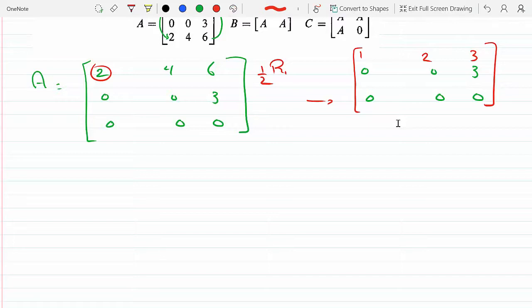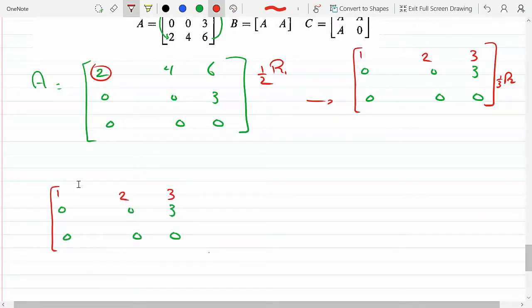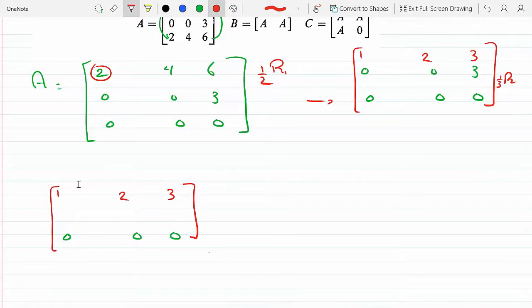So now we could multiply 1/3 times row 2, so I can make that 3 a 1 there. If I do that, then this becomes 0, 0, 1.